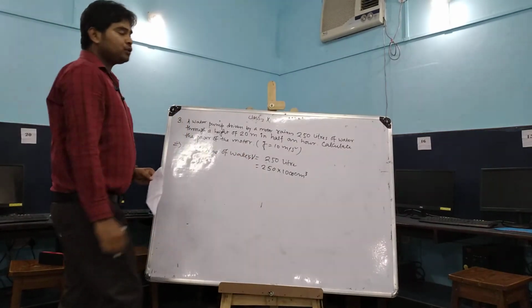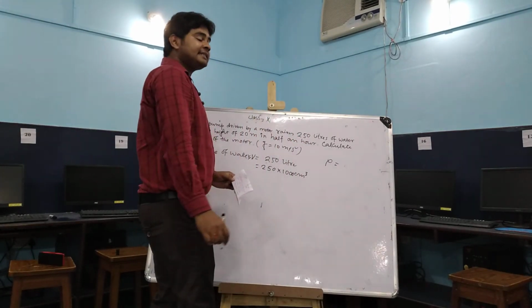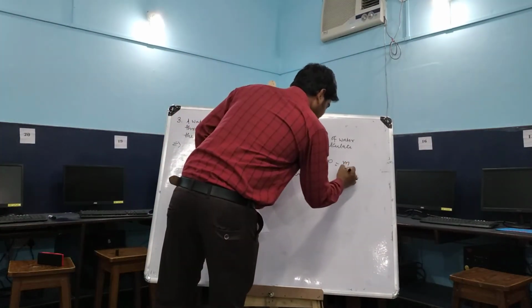Now what is the mass? We know that rho, that is density, is defined as mass per unit volume.